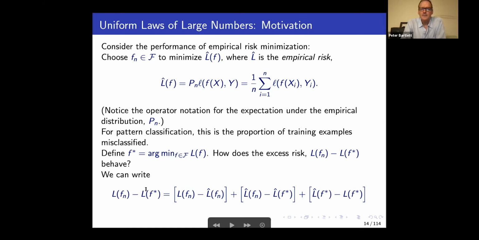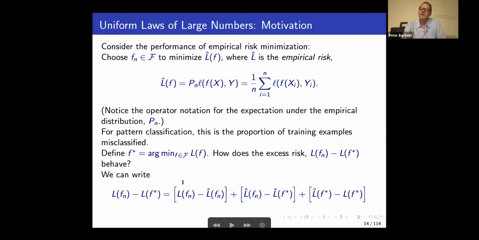The best we can hope for is to have the risk close to the best in the class. We saw we could split that up into 3 pieces. 2 of those pieces, the second and third, are very easy to deal with, and we expect them to be either non-positive or small as a function of the sample size, going to 0 as the sample size grows.